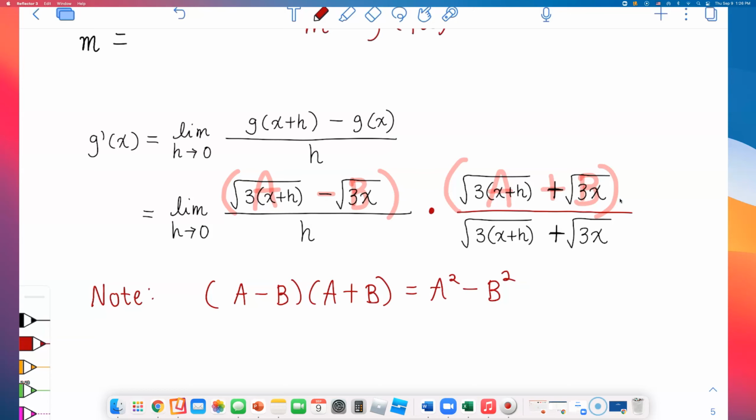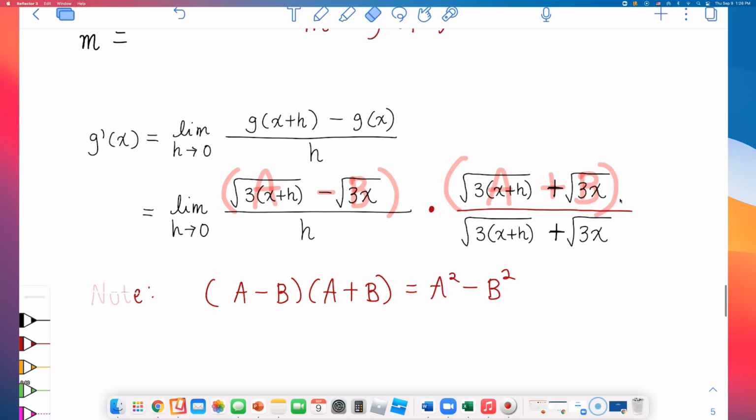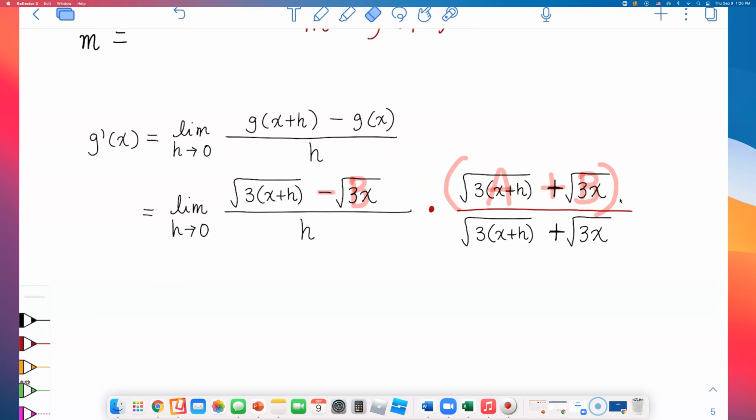Because squaring will cancel out the square rooting, right? So let me erase these highlights too, so that I can see what these are. I'm doing that a minus b times a plus b pattern, okay? So I will have to square both these radicals, and when I square them, the square roots will just go away.